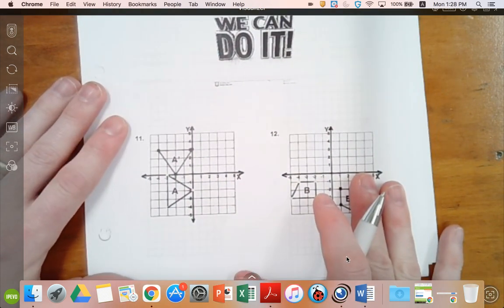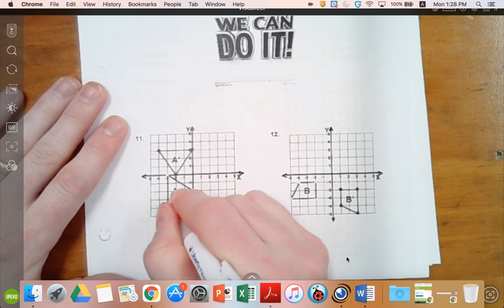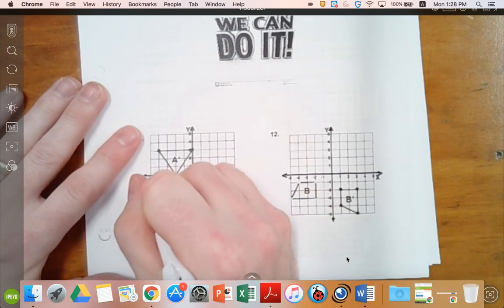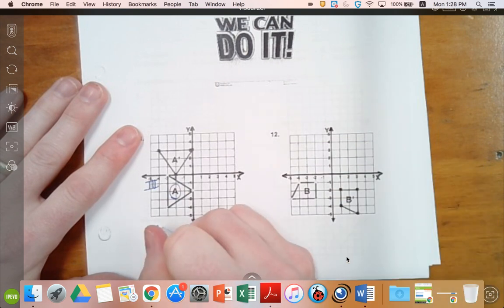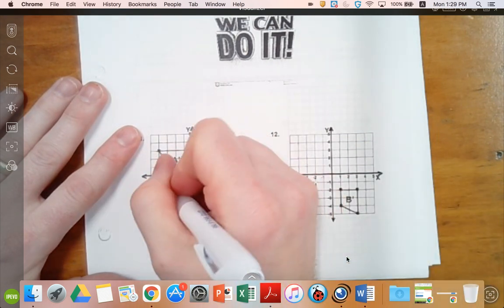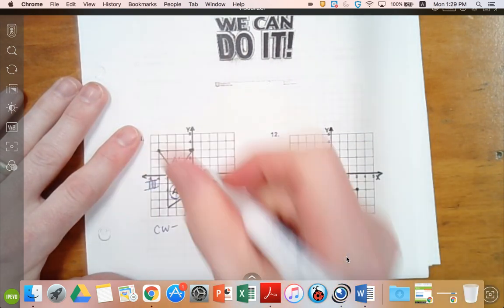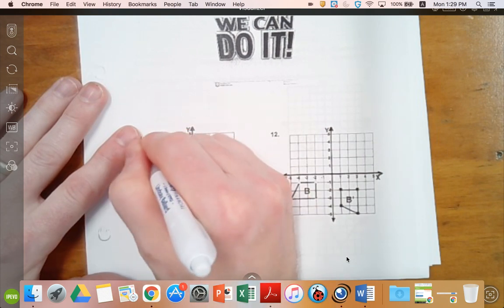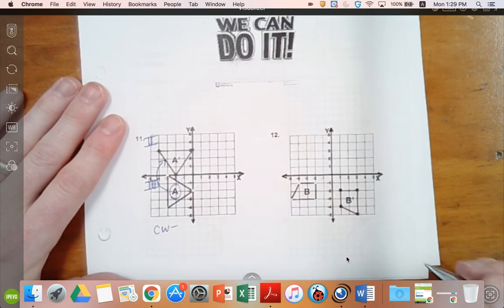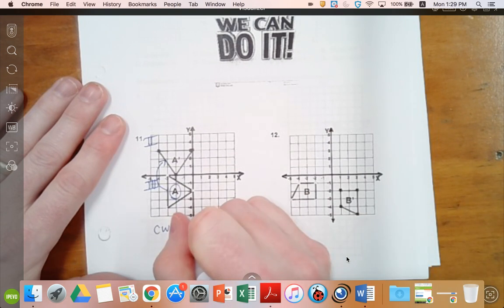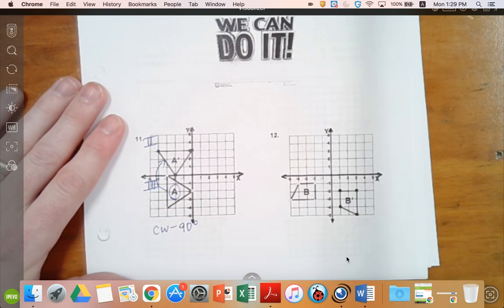Number 11, same thing. Here's my original. So this is quadrant 3. How did I go clockwise? So clockwise is going to go with the clock, so it's going to go this way. So I went from 3 to 2. So that's 1 quadrant jump. It's 1 turn, 90 degrees.